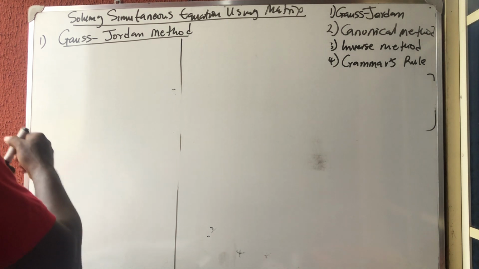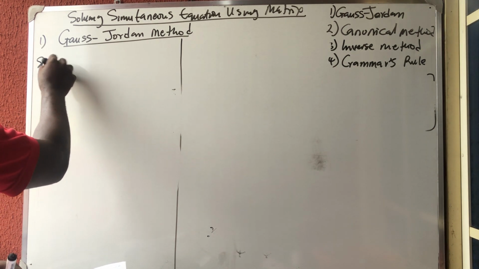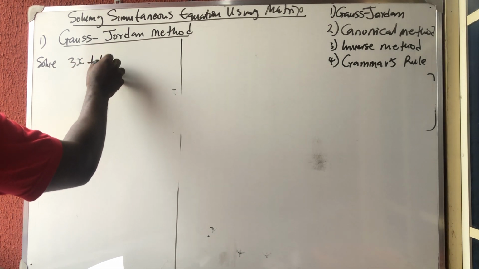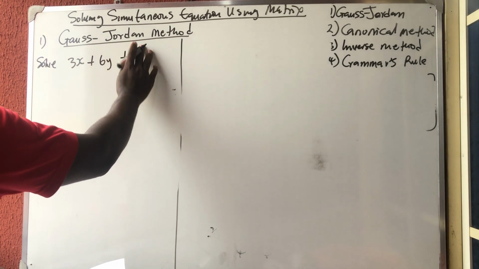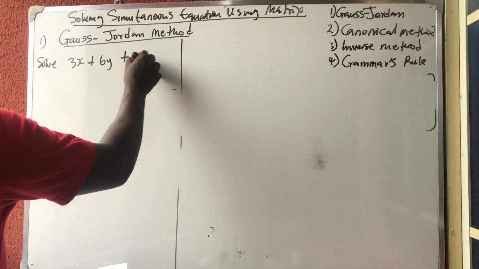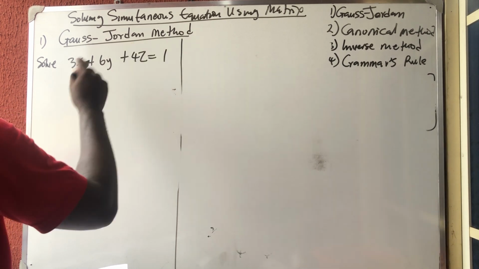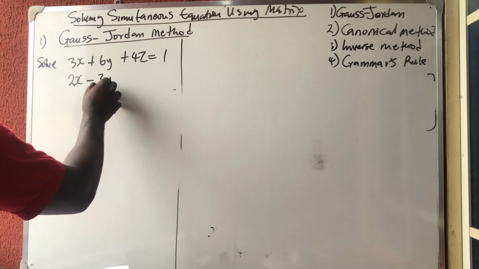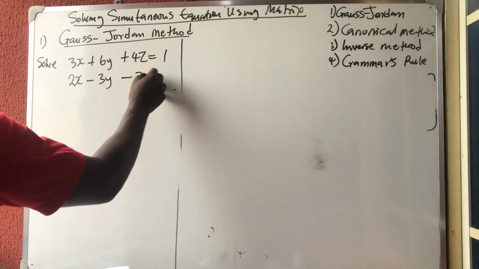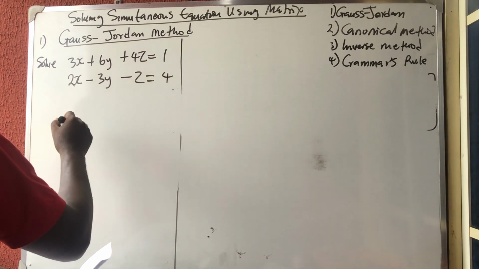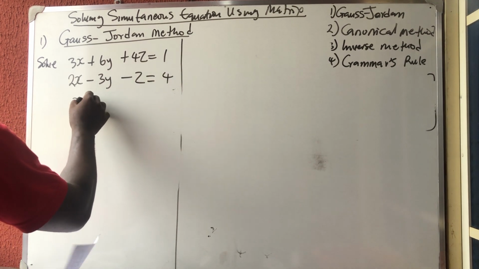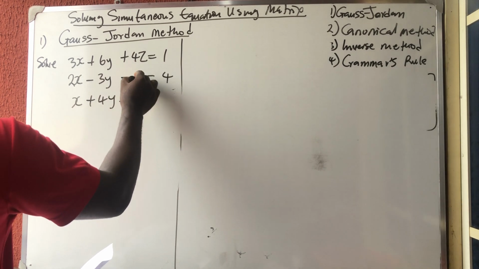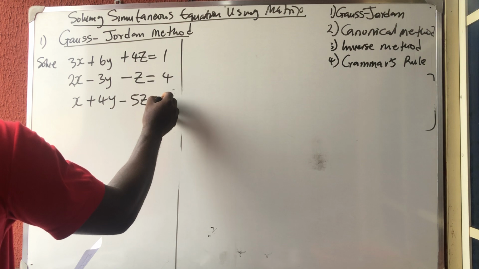Okay, so they say solve 3x plus 6y plus 4z is equal to 1, and 2x minus 3y minus z is equal to 4, and then x plus 4y minus 5z is equal to minus 8.